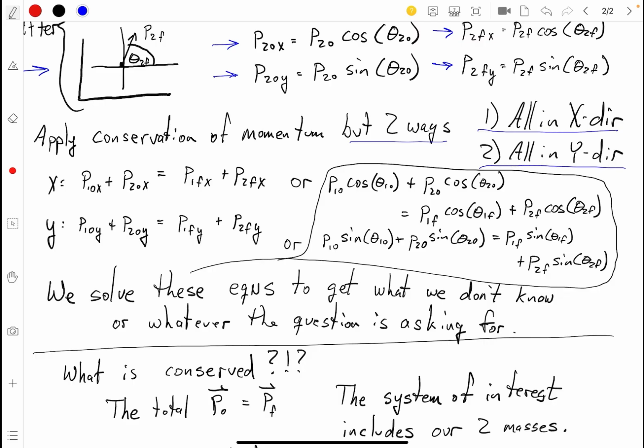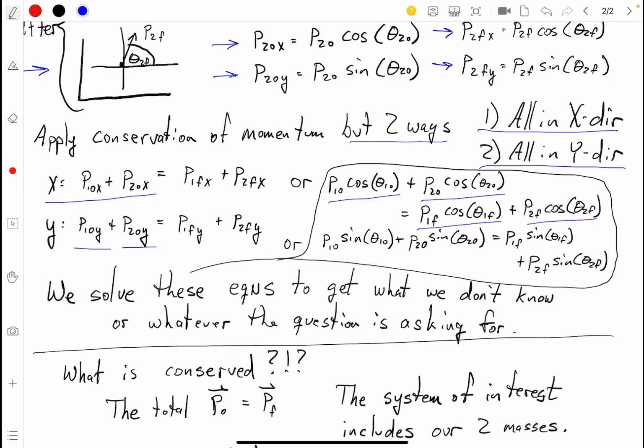All right? So in the x direction, what we would say is P1 initial in the x plus P2 initial in the x is equal to P1 final in the x plus P2 final in the x. There's another way to write that. That's this, and this is going to equal this and this. Okay? So that's one of them.